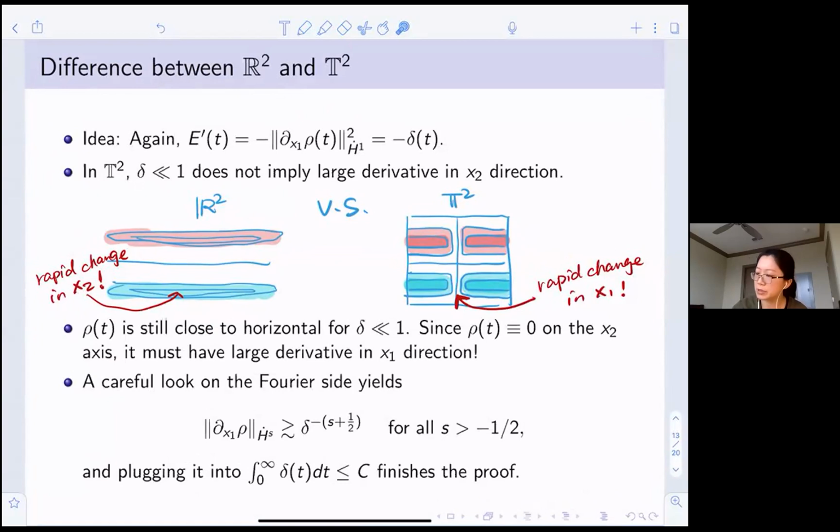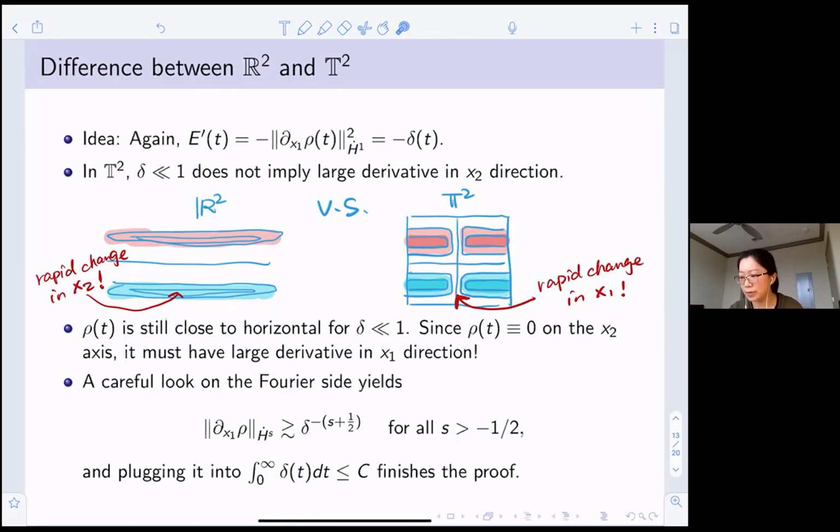So what we show instead is that if the initial data is pinned down at 0 on the x2 axis, then this property is preserved for all time, and therefore being close to a horizontal state in the distribution sense has to imply a rapid change in the x1 variable instead of x2.